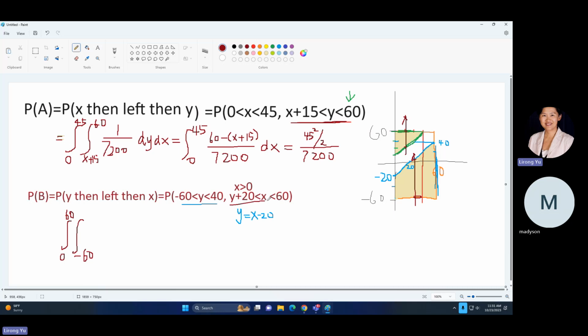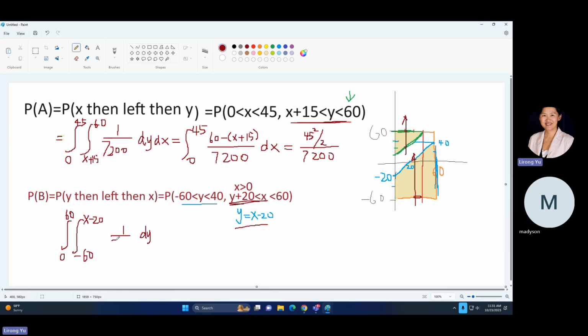This upper boundary is because that line is, when x is negative, x minus 20. Because we're doing dy, that's why I'm solving for y. y plus 20 equals x, so y equals x minus 20.